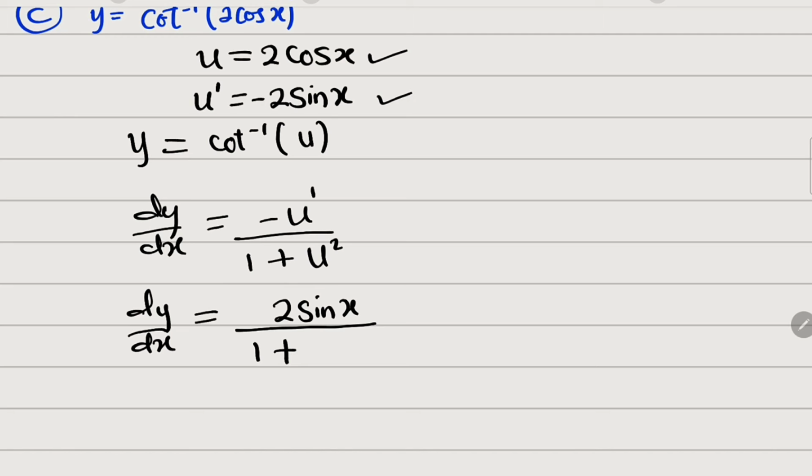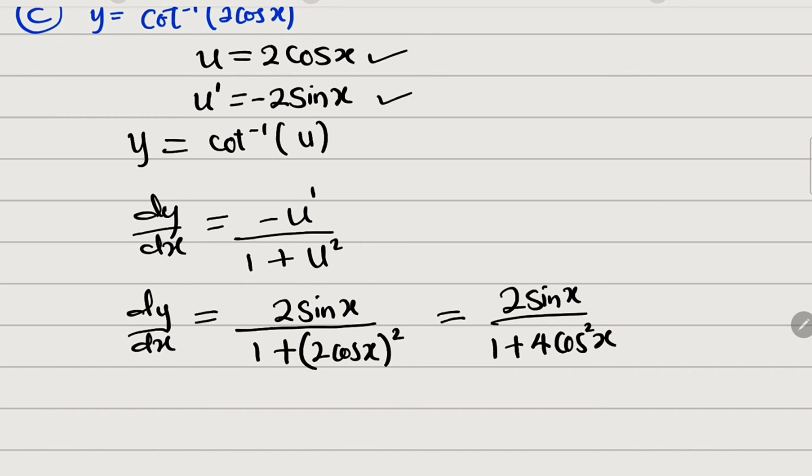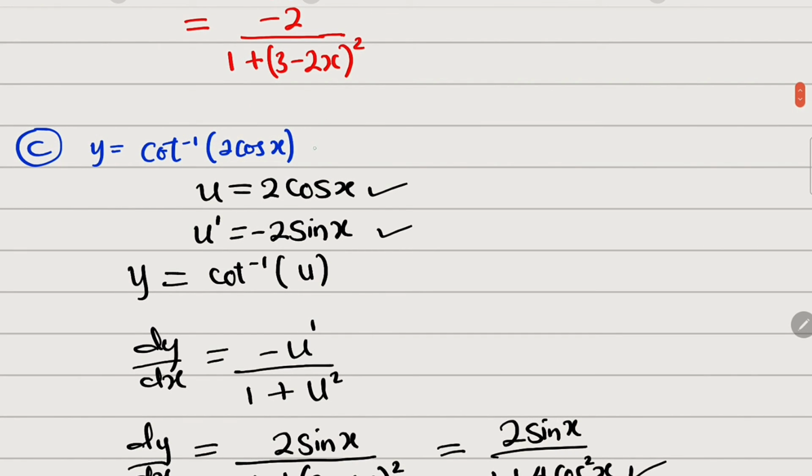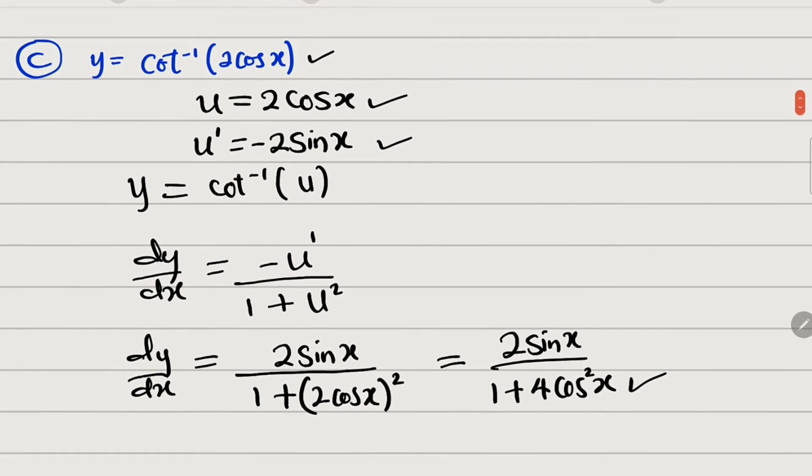Remember, our u is 2 cos x, so we have 2 cos x all squared. We can expand this if we like. It is going to become 2 sine x divided by 1 plus 4 cos squared x. And this is just the derivative of this inverse cotangent of 2 cos x.